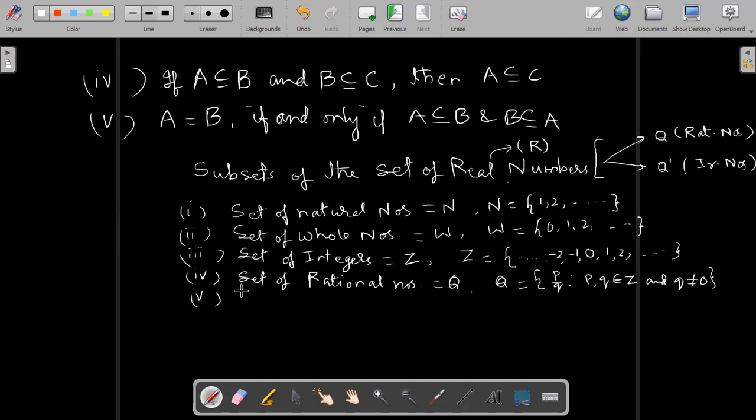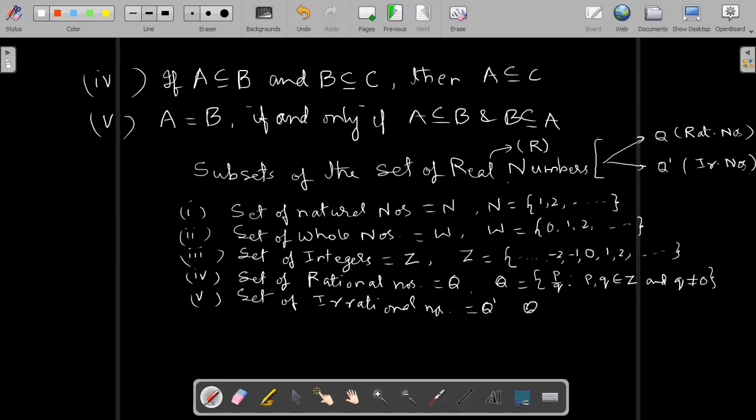Now, the set of irrational numbers is denoted by Q dash. That is the complement of this set. Complement will come in the next part; they have not studied complement yet. So, the set of irrational numbers, as I told you, is denoted by Q dash.